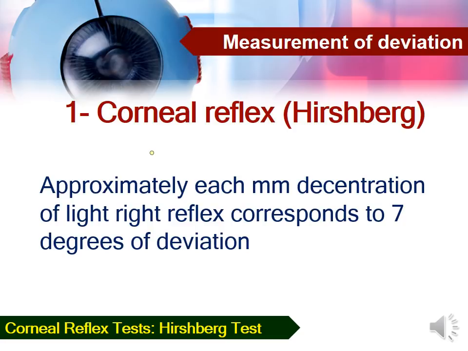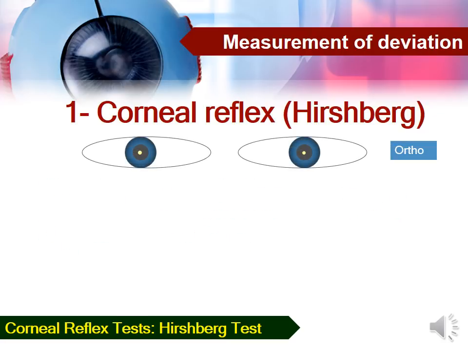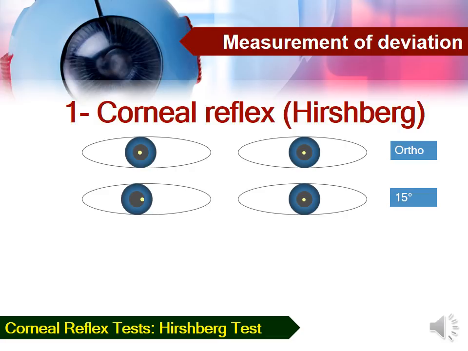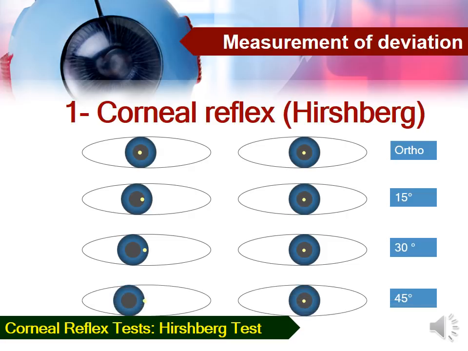Each 1 mm of decentration of the light reflex from the center of the pupil corresponds to about 7 degrees of deviation. So simply, if the corneal reflex falls on the edge of the pupil, the angle is 15 degrees. If it falls on the iris, the angle is 30 degrees. And if it falls on the limbus, the angle is 45 degrees.